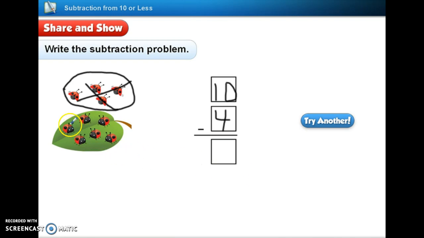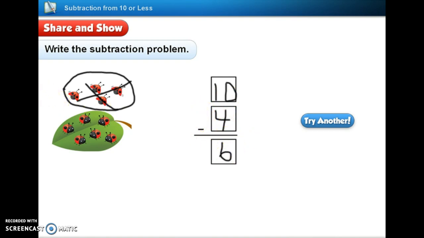Let's check. 1, 2, 3, 4, 5, 6. So 6 is our answer. Read the problem with me. 10 minus 4 equals 6.